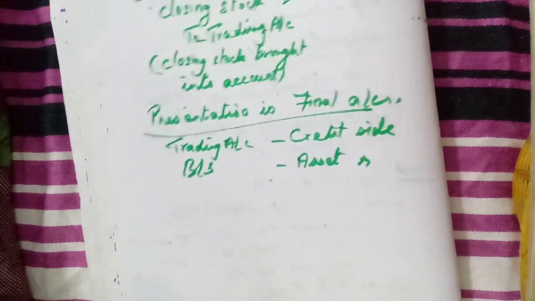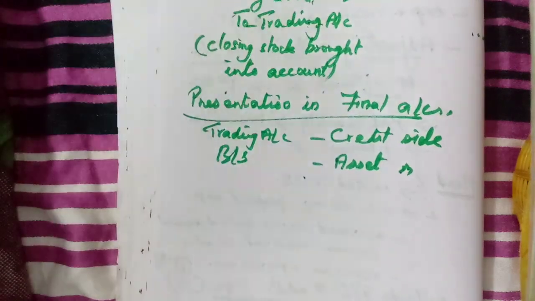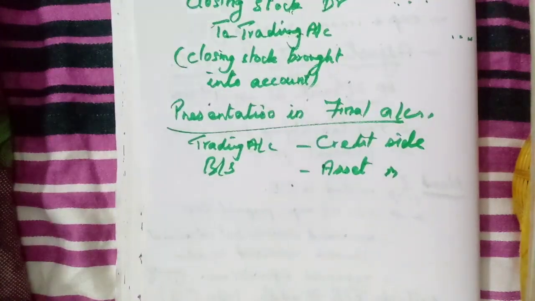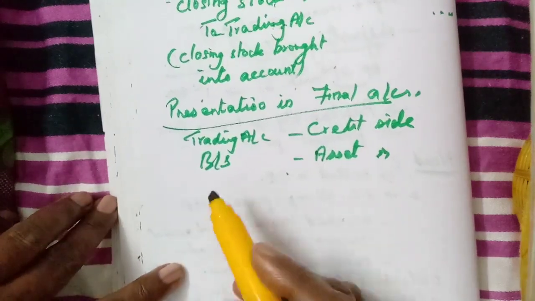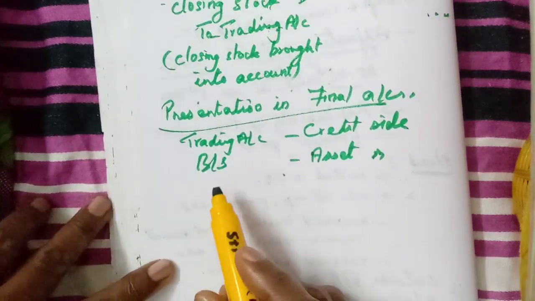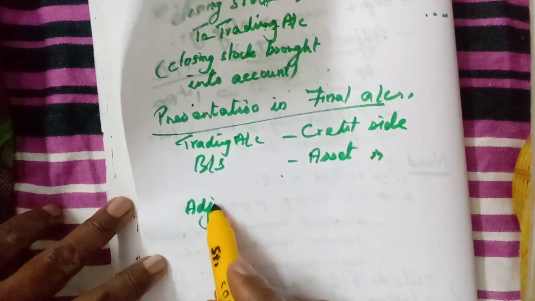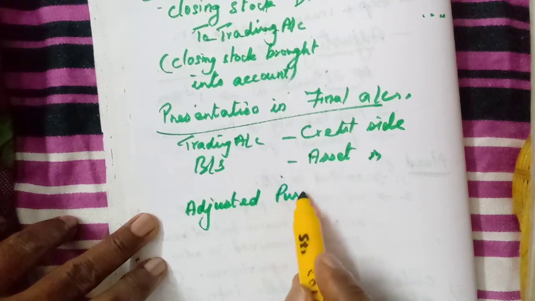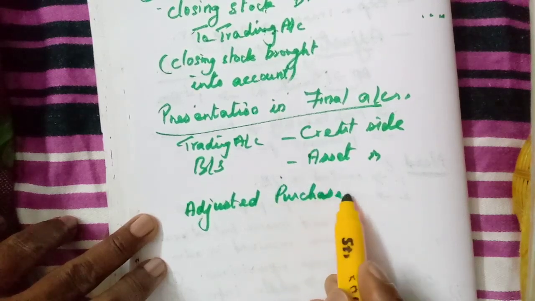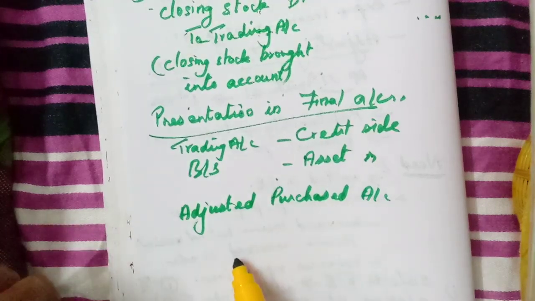Then sometimes in some problems, still now they have not given, but in some problems they may give us adjusted purchases account. Adjusted purchases account. I think we have done problem. Okay, in the 12th lesson.